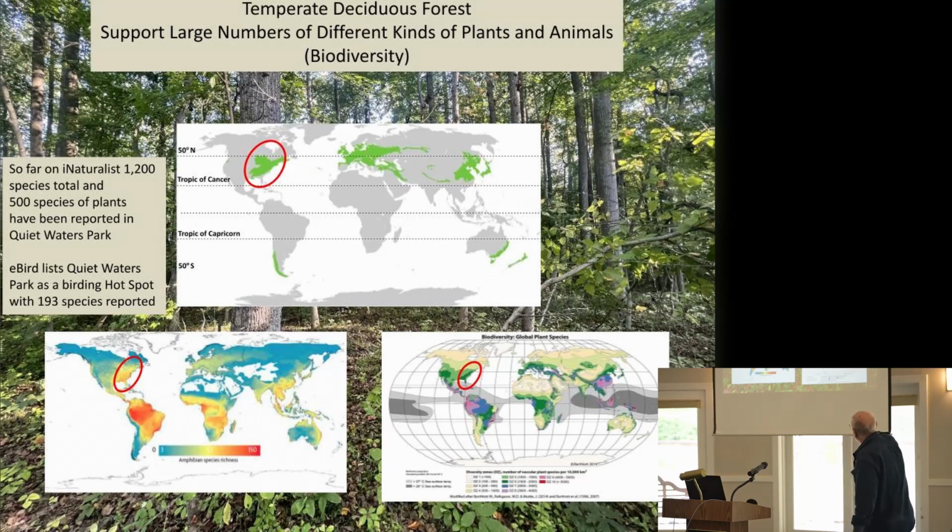Here's a map of plant species, and you can see the dark green in the same area. There are thousands of plant species that live in this type of forest, in this environment. So it's very important. It's next to the tropical rainforest. It's one of the most diverse biologies in the world.